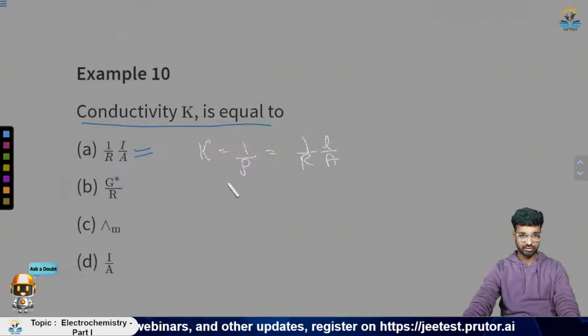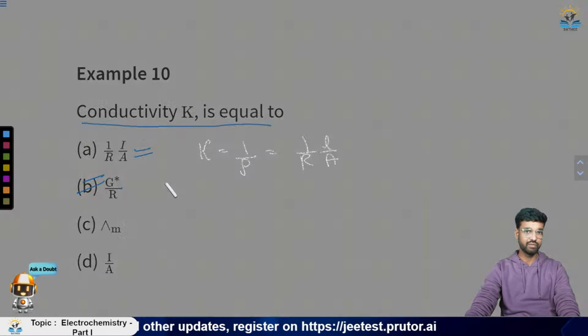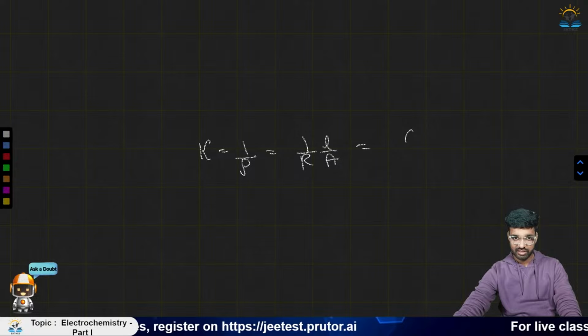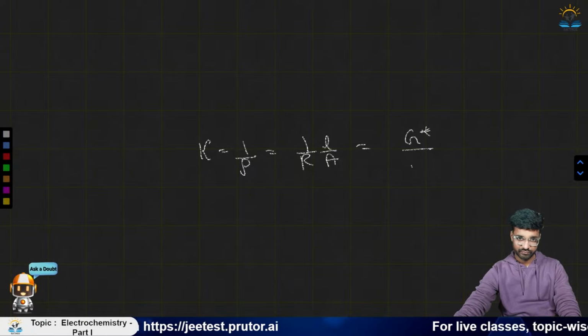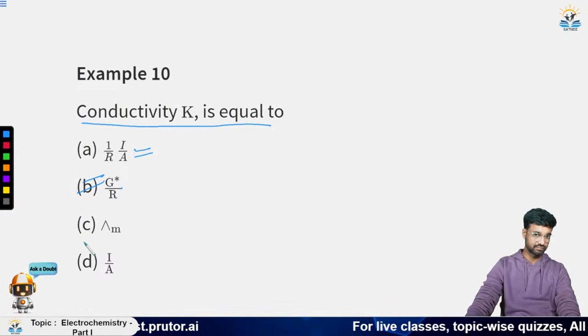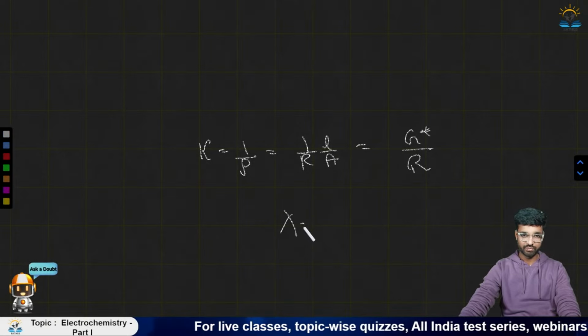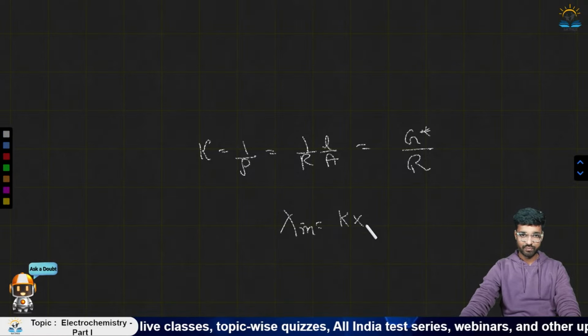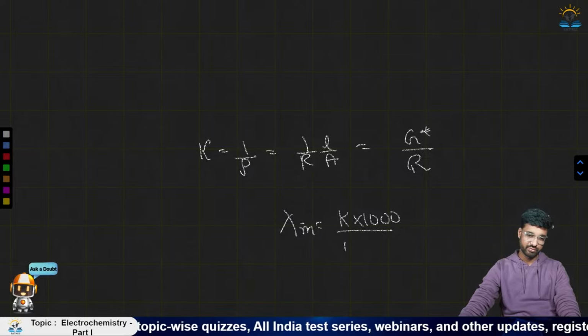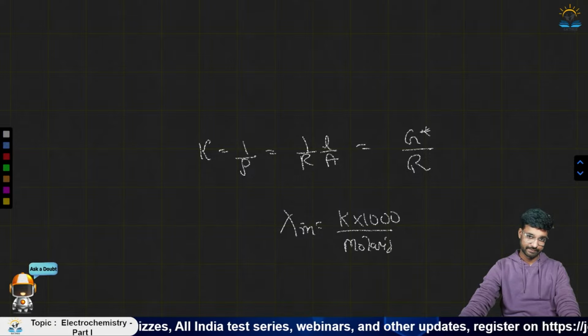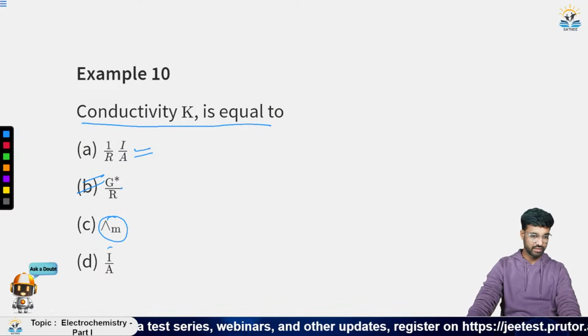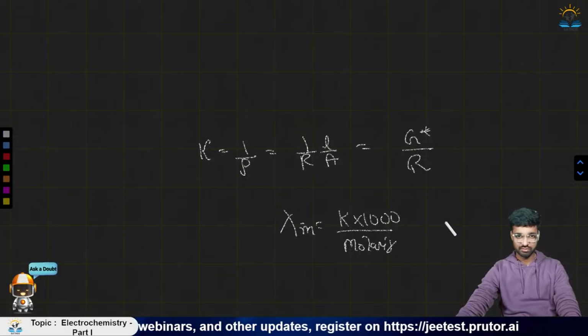This one is also a correct formula, because L by A is nothing but G star. So it will be 1 by R is equal to lambda m. Lambda m is not equal to kappa, because lambda m is kappa into 1000 by molarity. Next is 1 by lambda, but that is also wrong.